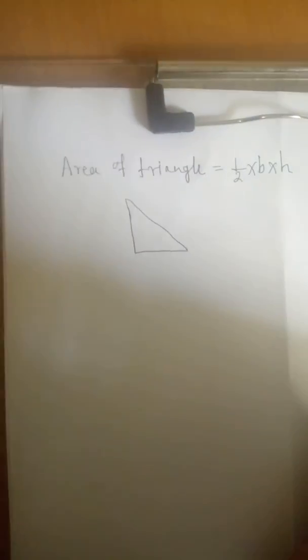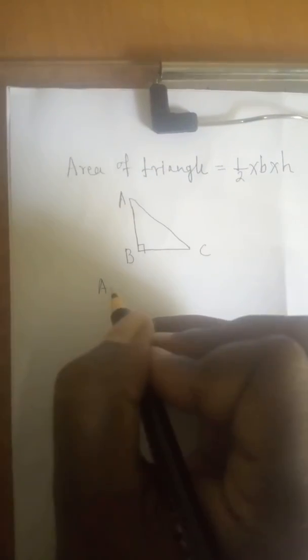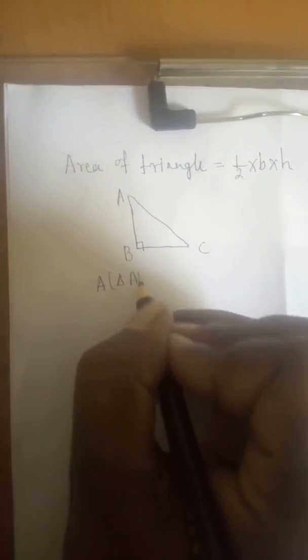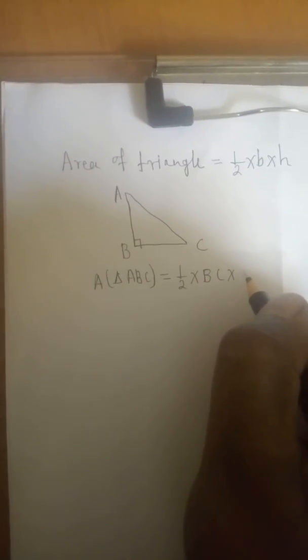Let's take an example of a triangle where this is A, B, C and this is the perpendicular. In this case, the area of triangle ABC will be half into base BC, height AB.